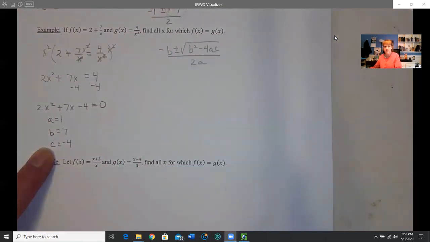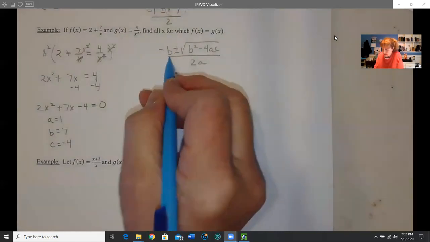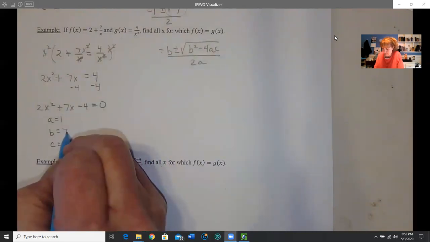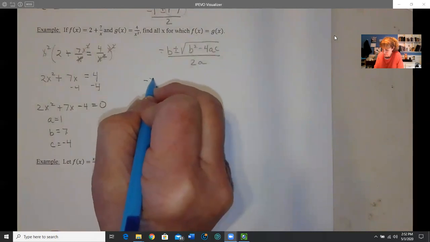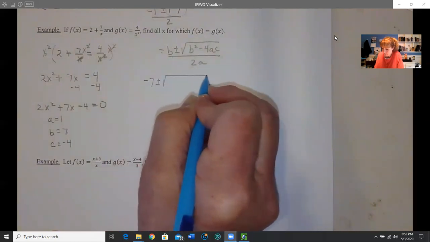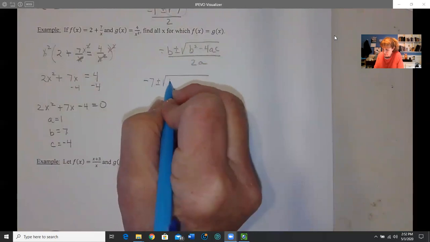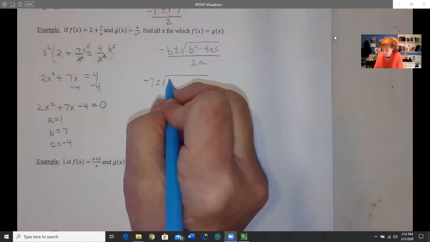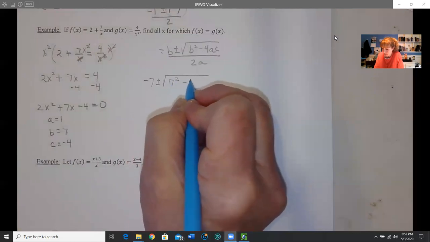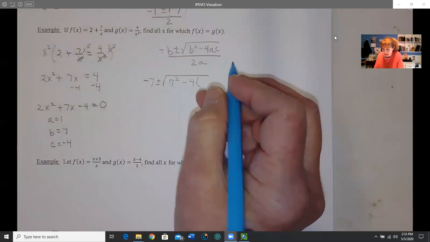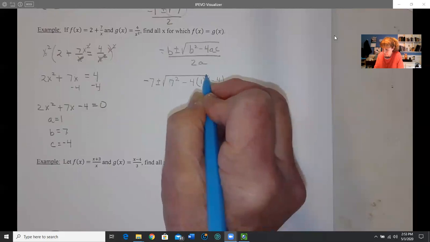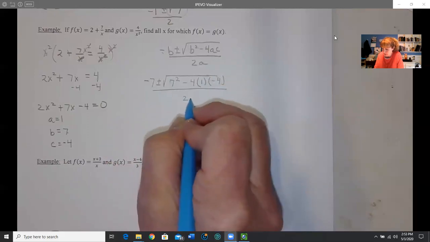Okay, so now we'll go ahead and substitute in. We'll take the opposite of the b. Opposite of 7 is a negative 7. Square the 7. Oops, I was going to put 49, but that's all right. We have 7 squared minus the 4 times the a, which is 1, times c, which is a negative 4, all over 2a.